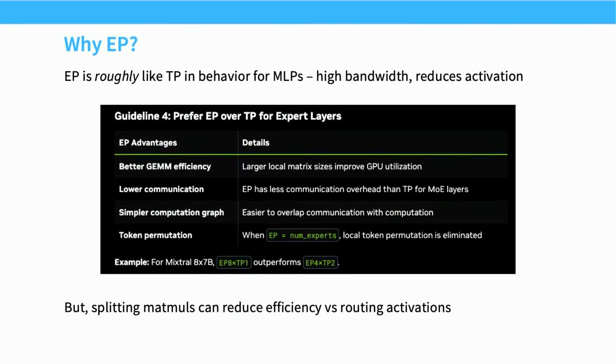Why is that? Well, this is actually a good list of drawbacks for tensor parallel. If you have a matrix and then you cut up the matrix too finely, well, the matrices are going to start to get small, and your GPU utilization will suffer, right? So you want your matmuls as big as possible, and tensor parallel kind of reduces that. For MOE layers, it's a lot easier to route sparse token activations rather than to potentially route these dense, big tensor parallel matmul activations.